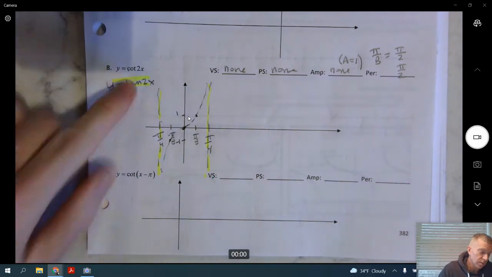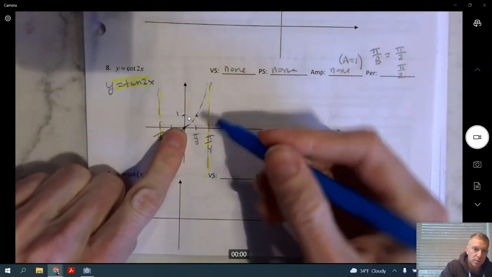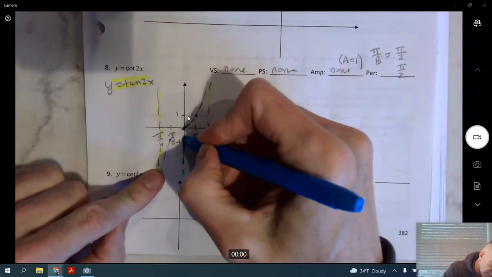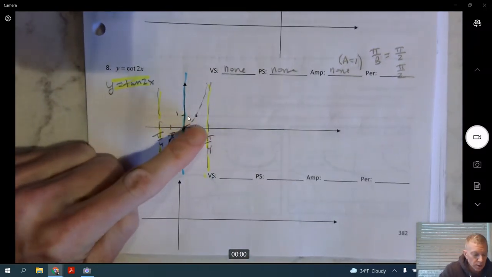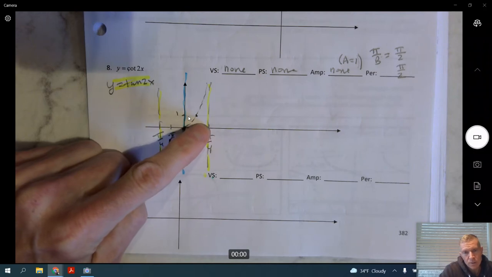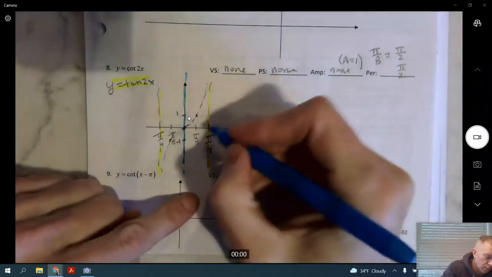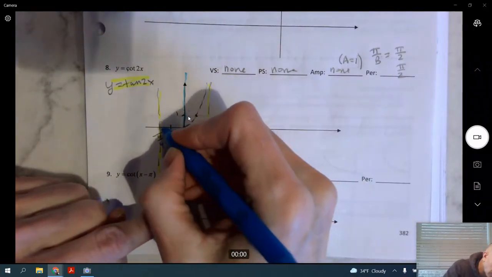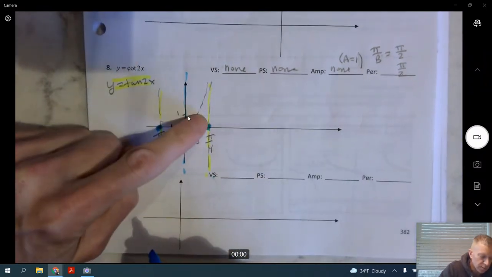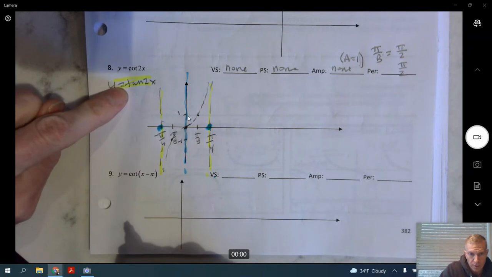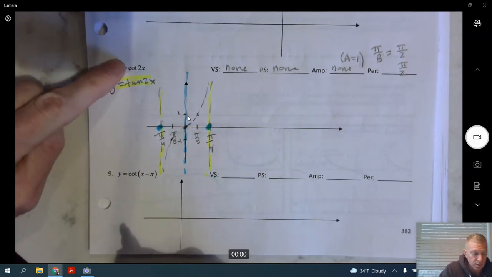So my cotangent graph, anywhere here that was a 0 is now an asymptote. The reciprocal of 0 is 1 over 0. And here where we had an asymptote, that was an asymptote because it was 1 over 0. When you flip it, it becomes 0 over 1. So remember, zeros become asymptotes, and asymptotes become 0 when you're going from a tangent to a cotangent.